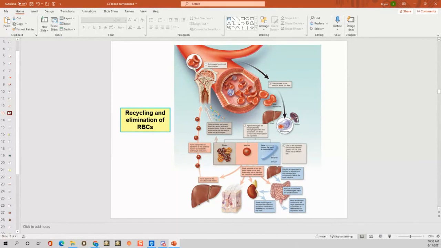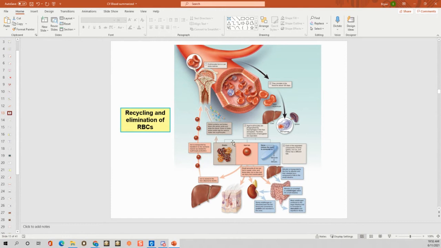and they're going to begin to be broken down. And as they get broken down, we've got to think about the different parts of the erythrocyte. Okay, the majority of the erythrocyte just gets eaten up, but what's left over is the hemoglobin. And it's the hemoglobin that your body kind of has to figure out what it needs to do with.